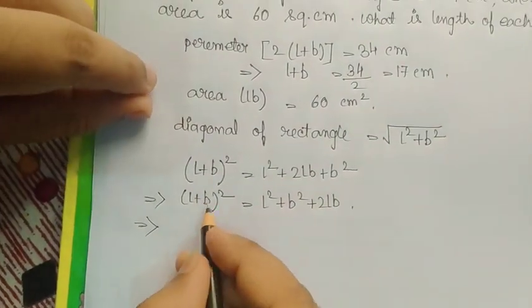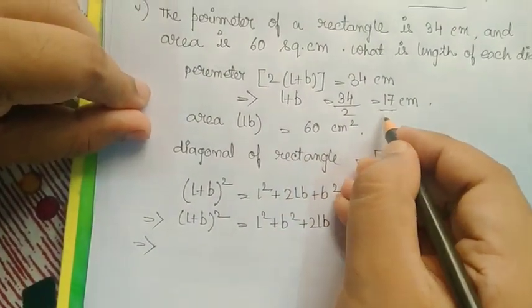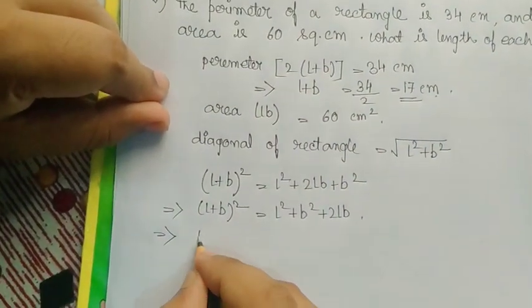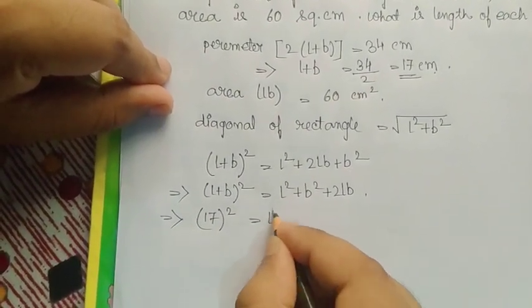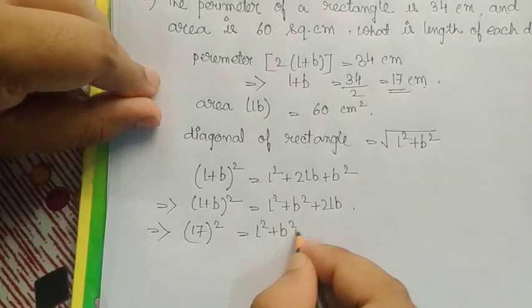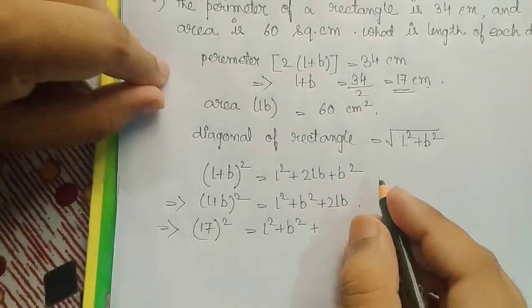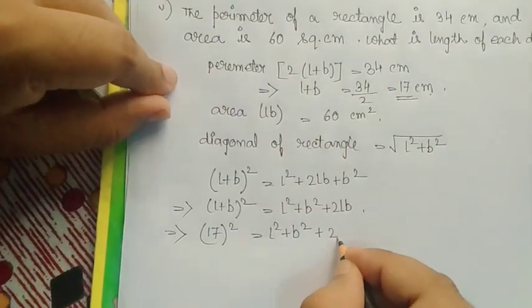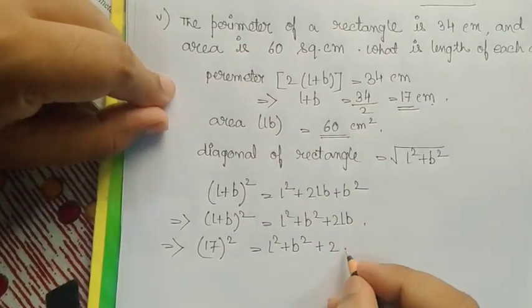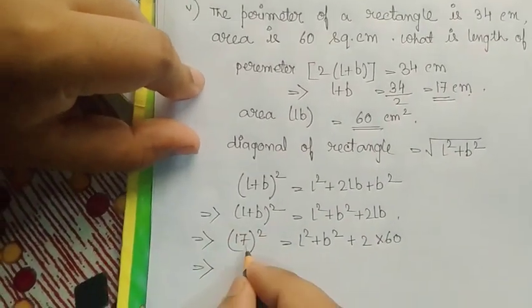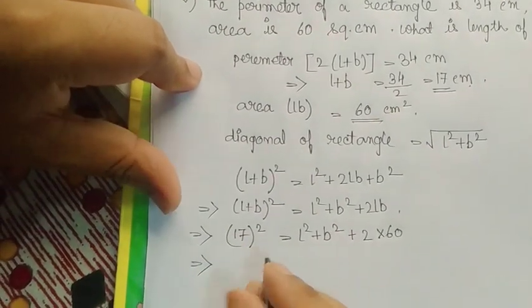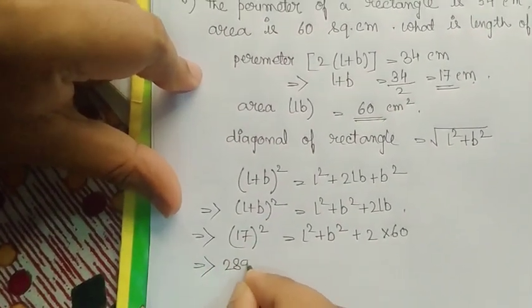So we know that L plus B equal to 17 centimeter. So we can write that 17 whole square equal to L square plus B square plus 2LB. 2LB means 2 into LB, which is 60. So 2 into 60. 17 whole square means 17 into 17, it should be 289.